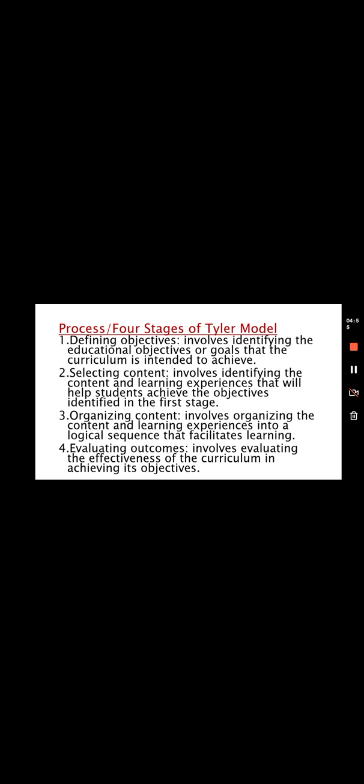After defining the objectives, or what you want to achieve by the curriculum, we have to select the content, which involved identifying the content and learning experiences that will help students achieve the objectives identified in the previous stage.